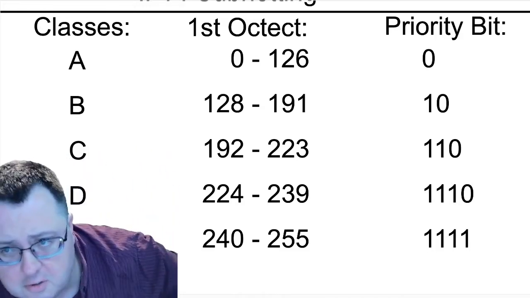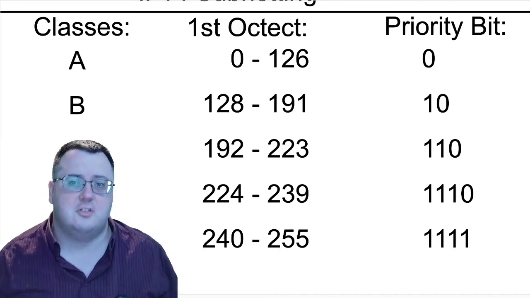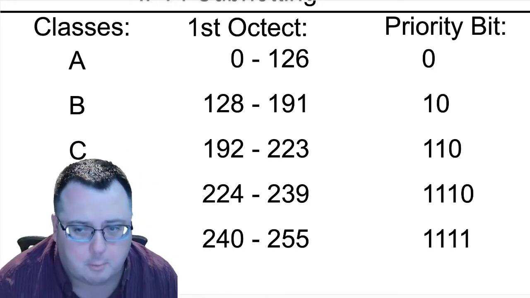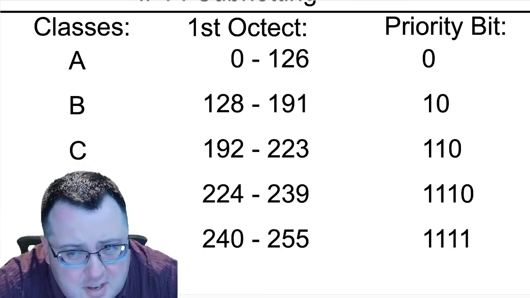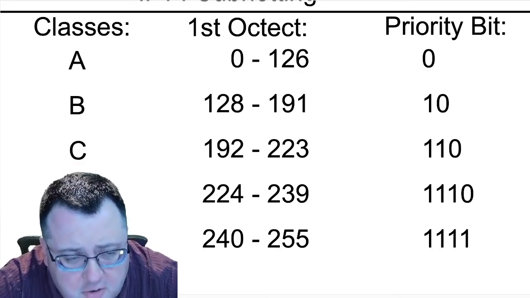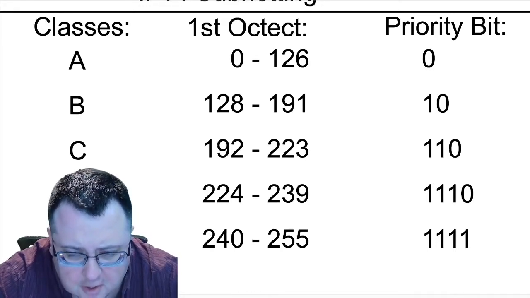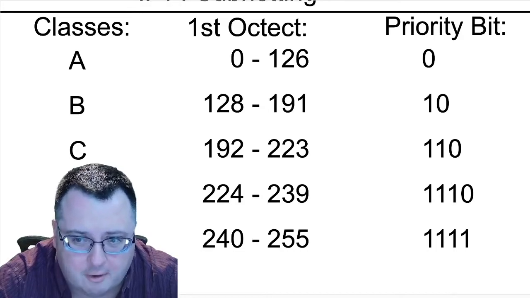So I've included priority bits on the right hand side. I've got 0, 10, 110, 1110 and 1111. The way to think about those is that in your first octet, your binary address will always begin with those priority bits.